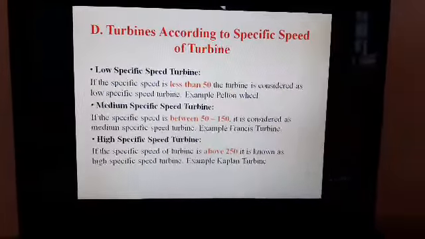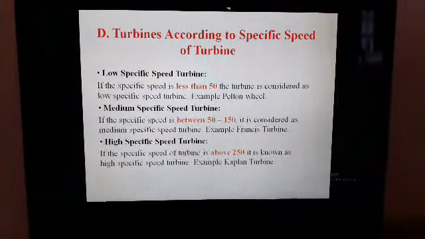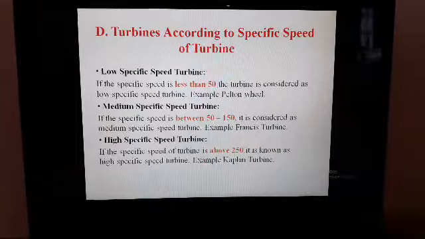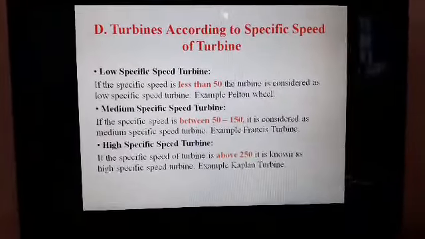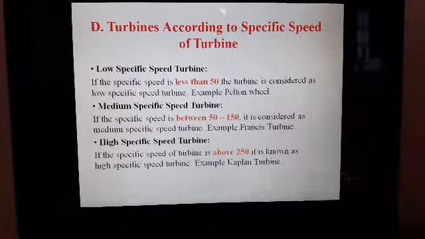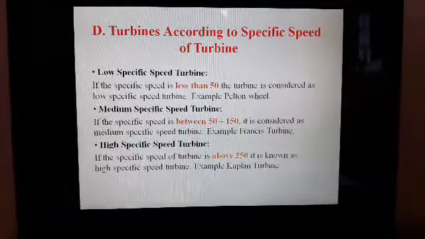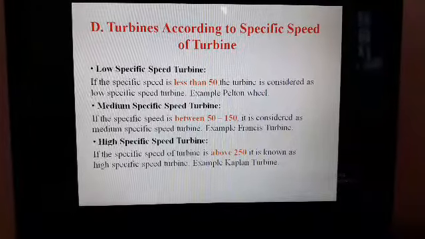Depending upon the specific speed, turbines are classified into low specific speed turbines, medium specific speed turbines, and high specific speed turbines. In the low specific speed turbines, the specific speed is less than 50. Pelton turbine is an example of a low specific speed turbine.